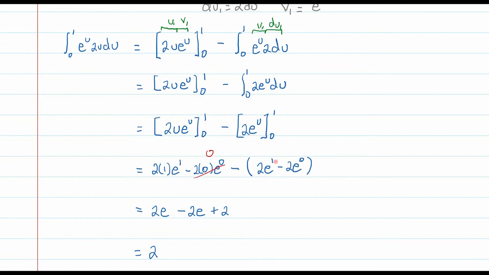So 2 times e to the 1 is simply 2e, but because of this negative sign, it's negative 2e, and 2 times e to the 0, well, e to the 0 is equal to 1, so negative 2 times e to the 0 is negative 2, times this negative is positive 2. And it turns out this 2e and this negative 2e cancel out, so we're left with simply 2. And that's it for the final answer.